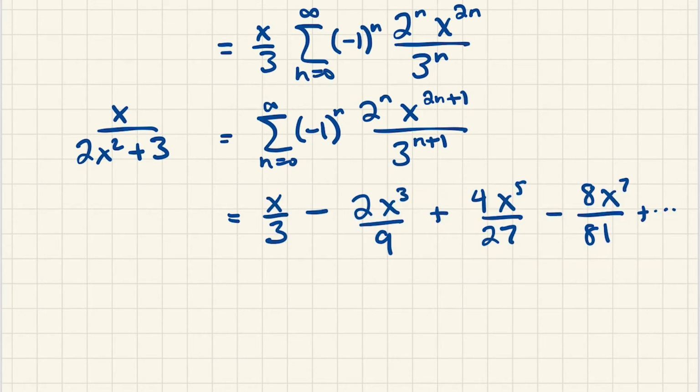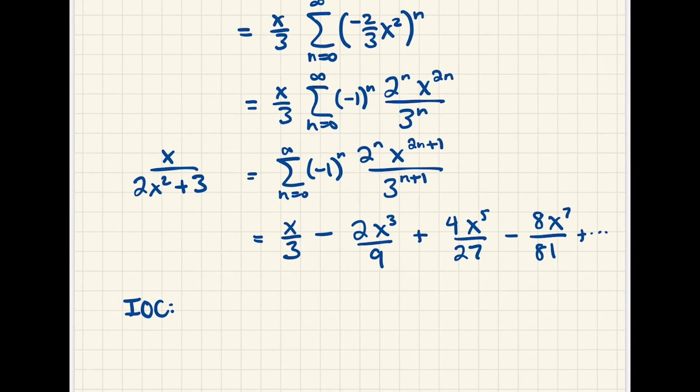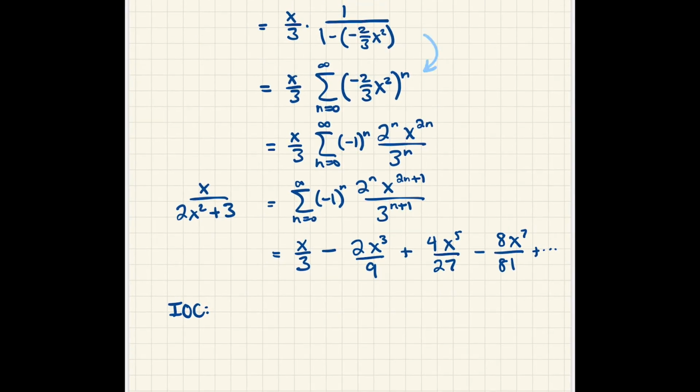Actually, we were asked to find the interval of convergence, so let's quickly do that. Again, if you've used the geometric series, as we did to bridge over, it's very easy to find the IOC, because this step is only valid if your absolute value of r, which would be this guy here, is strictly less than 1. The other way to do this would be, of course, just to apply the ratio test directly to the series, as we were doing in the last section.